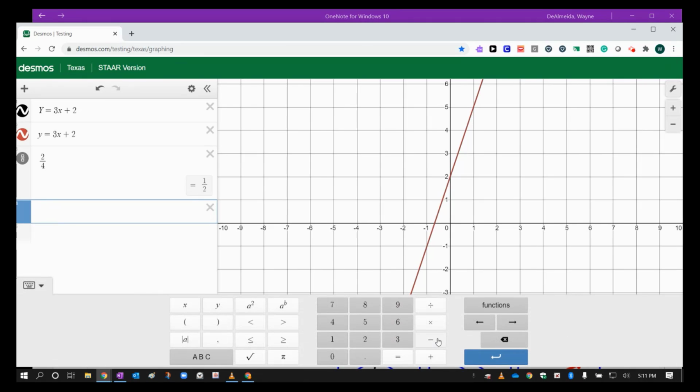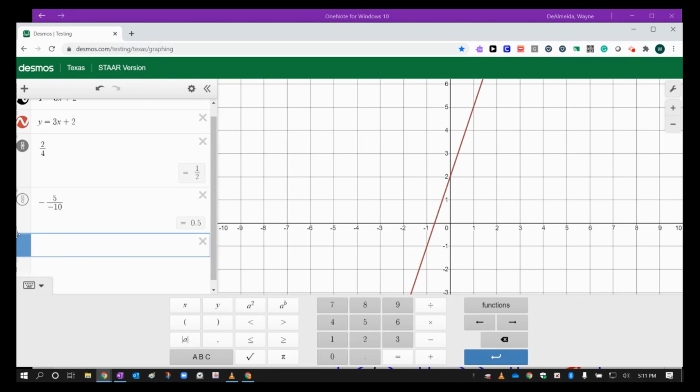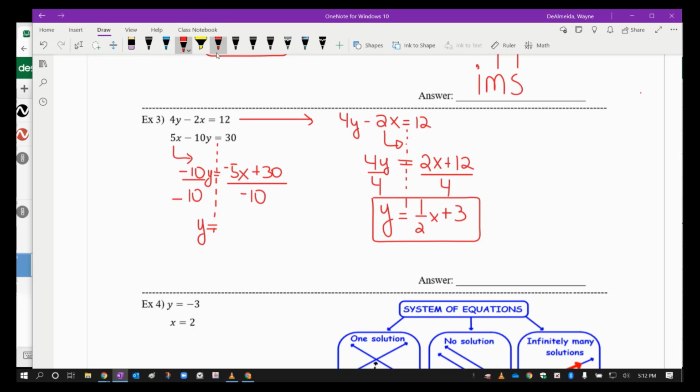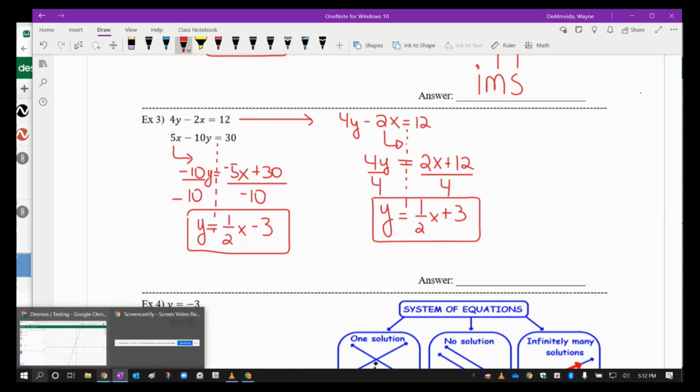Over here we have negative 5 divided by negative 10, and we get 0.5, we change to a fraction, and we get 1/2. So come over here, and we're going to write 1/2 x, and then 30 divided by negative 10 is negative 3. So we got the y alone, and now we're ready to go to the calculator.